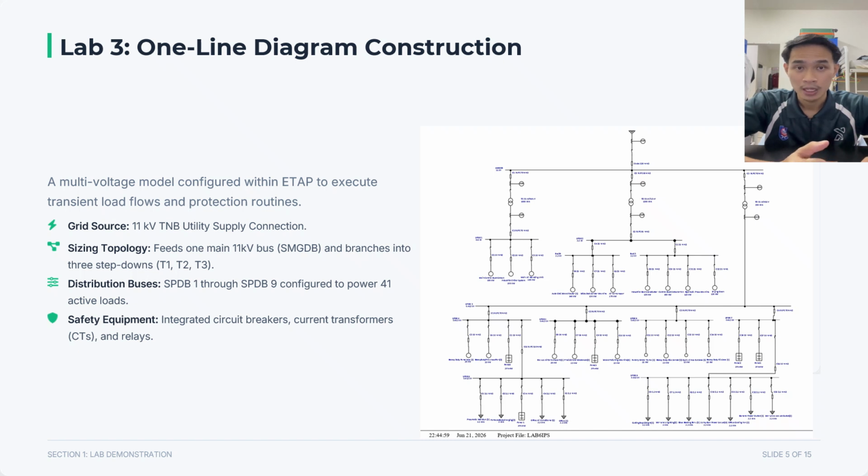This one-line diagram shows the complete power flow from the grid to every load in the factory. The diagram was built in IPS software and used for all subsequent simulation.